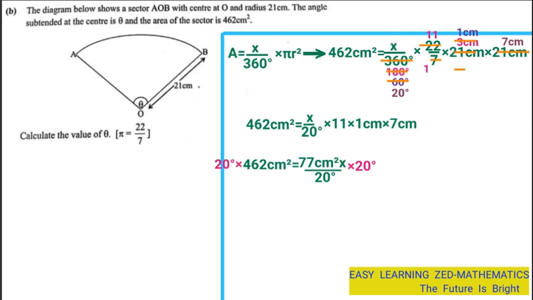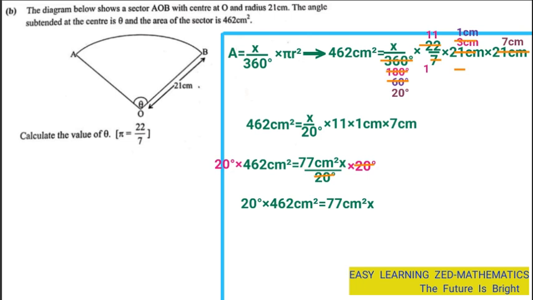Then once I've done that, the next thing I'm going to do is the actual multiplication. So when I multiply 20 by 77 centimeter squared x over 20 degrees, the 20s are going to cancel each other out. So I'm going to remain with 77. I'm going to remain with 20 degrees multiplied by 462 centimeter, which is equal to 77 centimeter squared x.